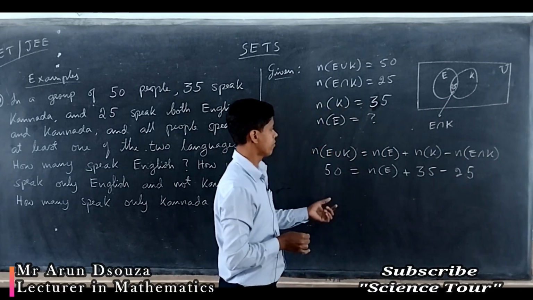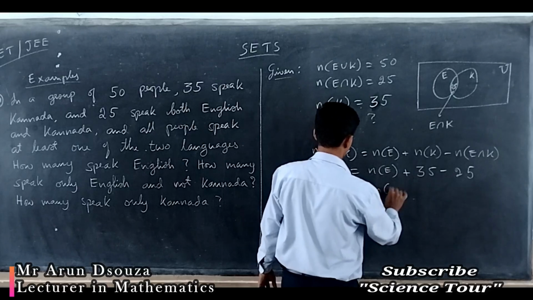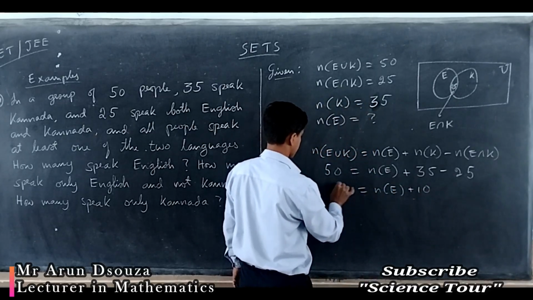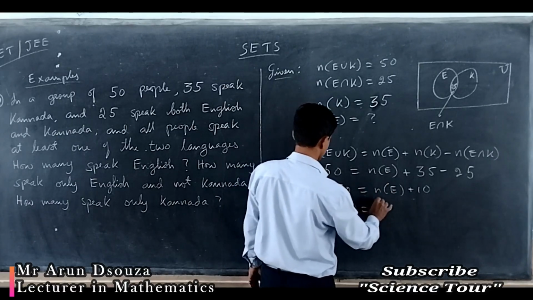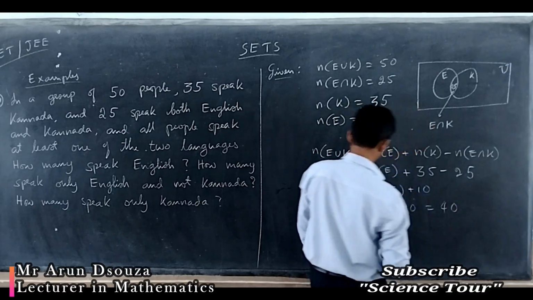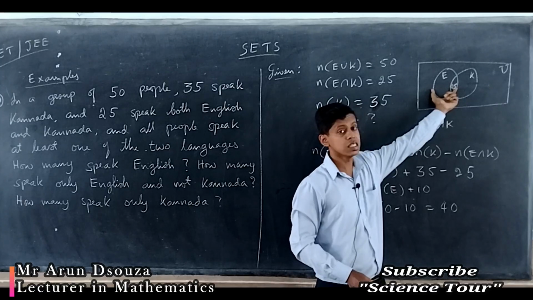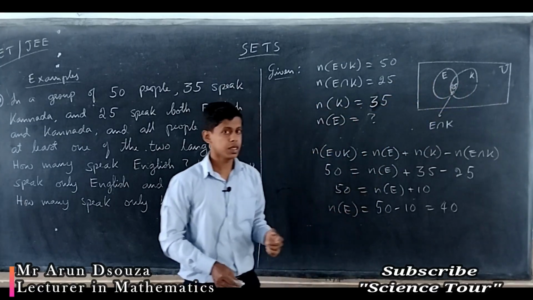So you have 35 minus 25 is 10. Now you bring it here. So what is N of E? That is 50 minus 10, which is 40. So N of E is 40. So this circle is 40 and this circle is 35, correct?